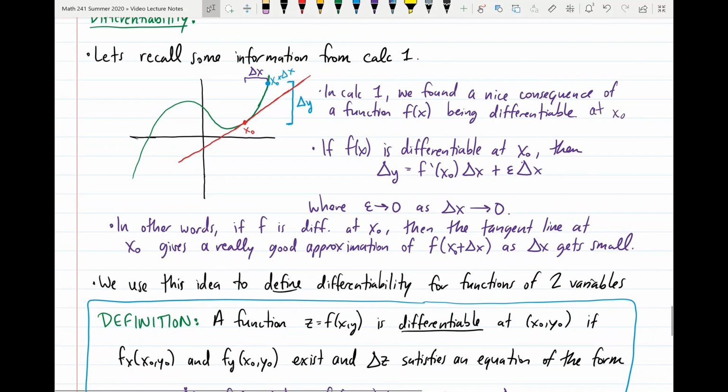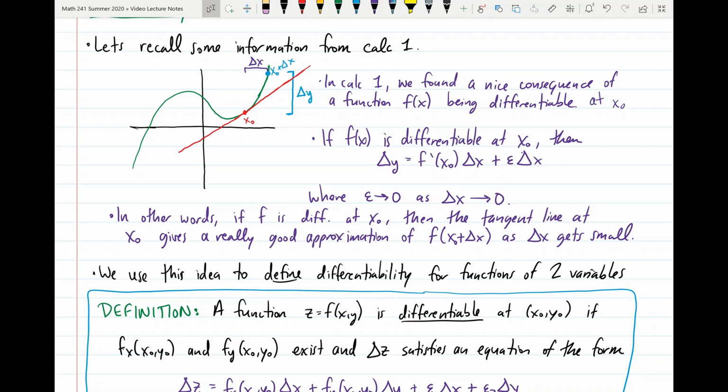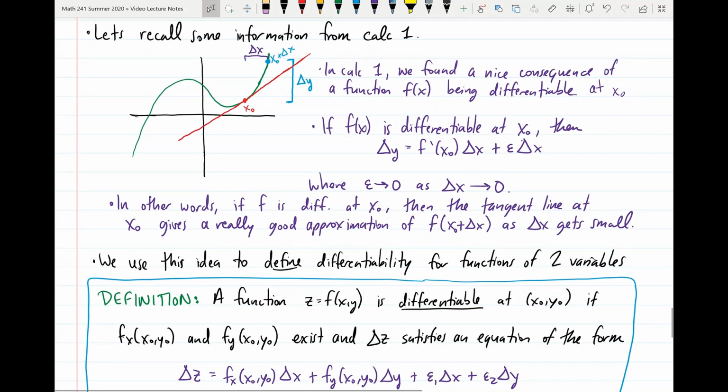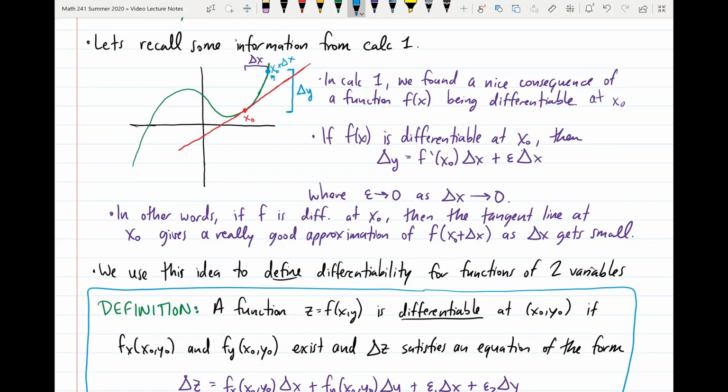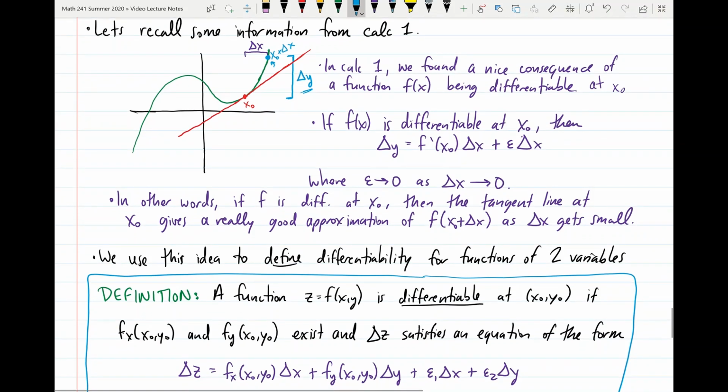If our function f of x is differentiable at x naught, that implies that the change in y is equal to f prime of x naught times delta x plus epsilon times delta x, where delta x represents the change in the value of x from x naught to this other x value up here, x naught plus delta x, and delta y is referring to the change in the y value from our original point x naught to the point x naught plus delta x.